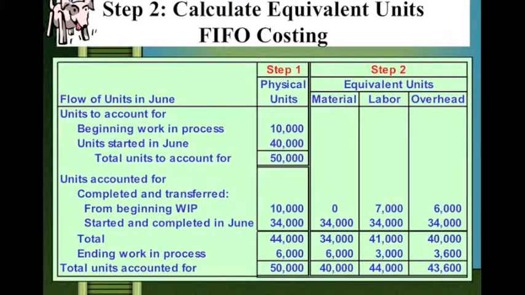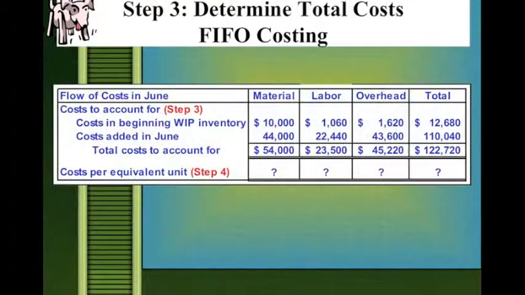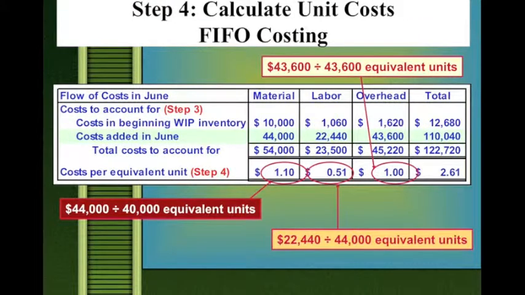I'm using the equivalent units that I computed here, which is the composition of just the piece that basically got transferred out. So it's just what was transferred out, 34,000 material, 41,000 labor, and 40,000 overhead, plus whatever was in ending work in process. So together, it's these equivalent units. And that's what I'm using here for this calculation.